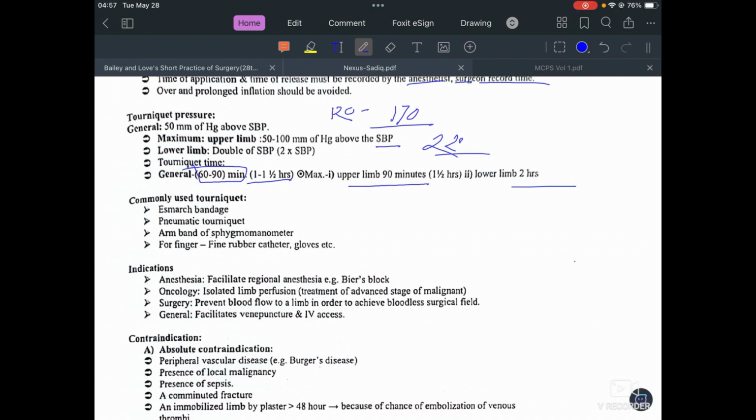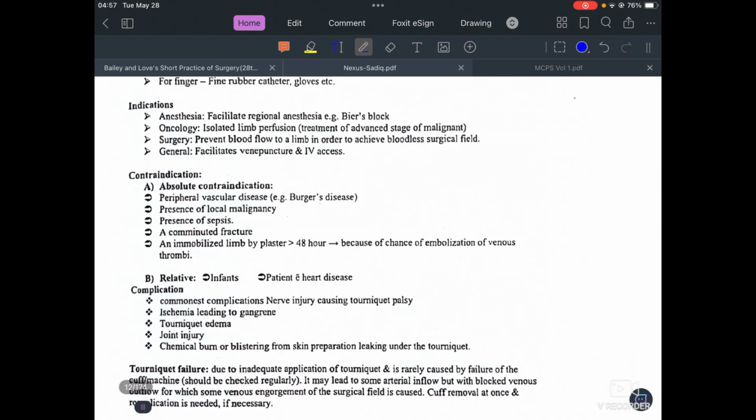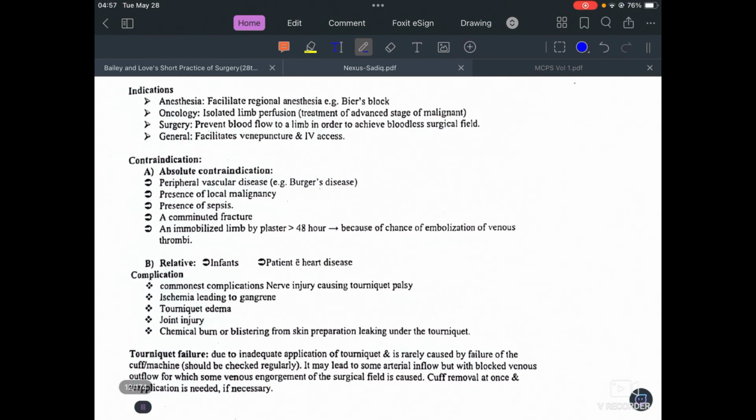Contraindications: there are absolute and relative contraindications. Absolute: peripheral vascular disease such as Buerger's disease, local malignancy, sepsis, comminuted fracture, and limb immobilized by plaster more than 48 hours, because of the chance of embolization from venous thrombi. Relative: infants and patients with heart disease.